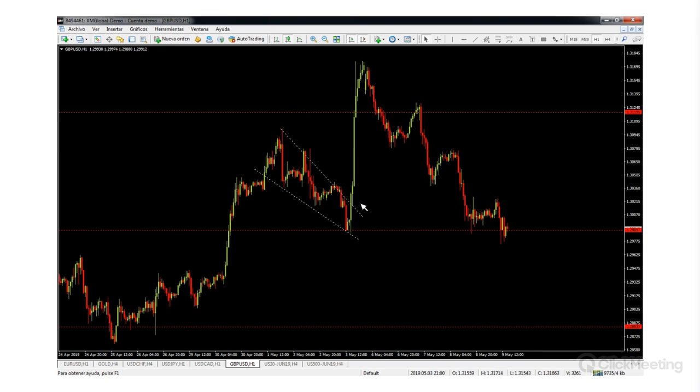We didn't trade the bullish side of this breakout because we were already on a buy position in gold, and it was during non-farm payrolls. If we had bought the GBP USD right here, that would have meant that we would have doubled our risk on the US dollar.